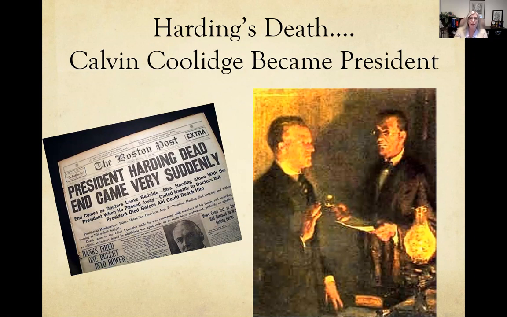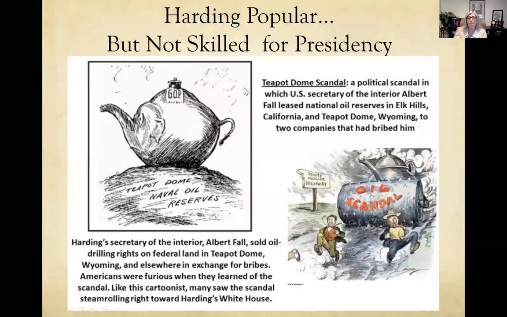So he cleans things up in terms of the corruption. What ends up coming out, I mean, people were devastated that this president has died. He was incredibly popular, but it was after he was already gone that the exposure of some of the worst scandals come to light. And it kind of tarnishes Harding's reputation, but it's not until after he's already gone.